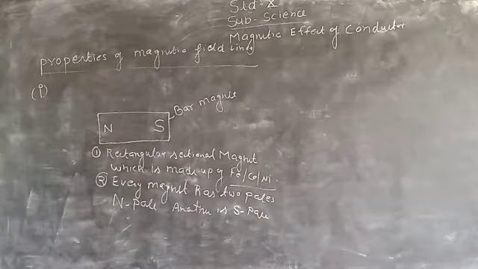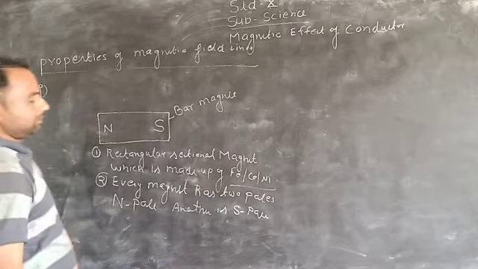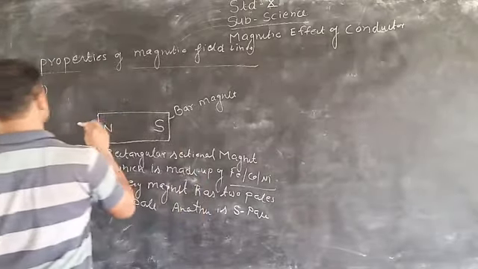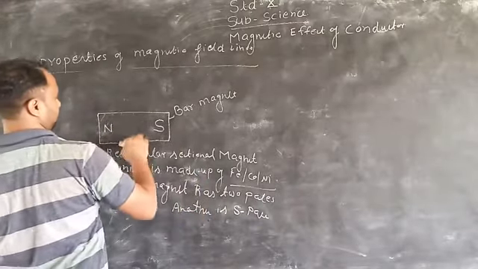Every magnet has two poles. The first pole is known as the N pole and the second pole is known as the S pole. So these are the basic discussions of the N and S poles.